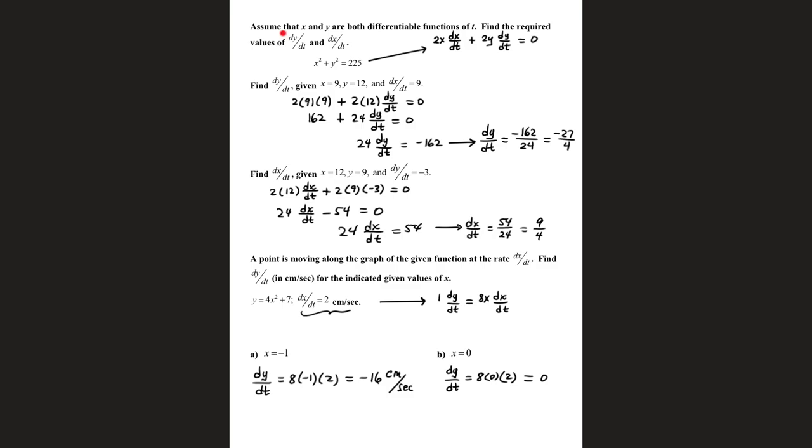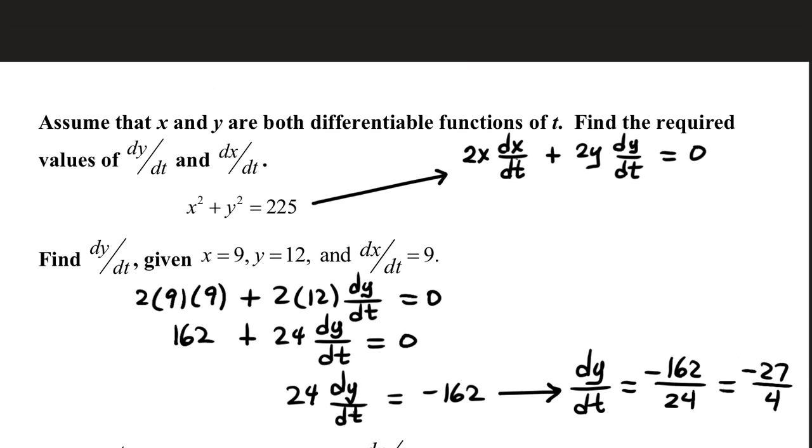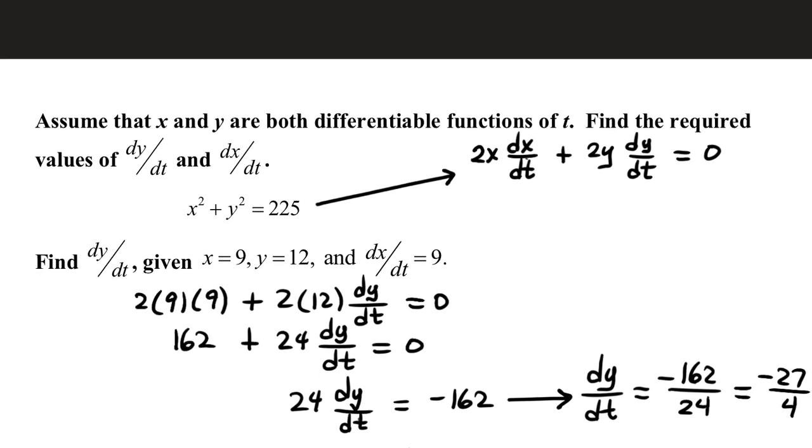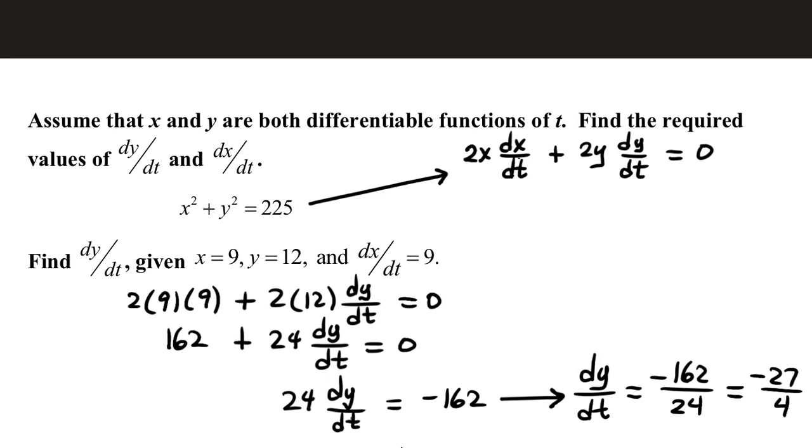Let's look at some concrete examples in this particular video. I'm going to try not to show too much on your screen at once. I don't want it to be a distractor. Assume that x and y are both differentiable functions of t. Find the required values of dy dt and dx dt.